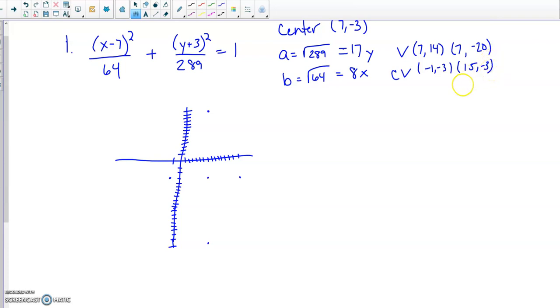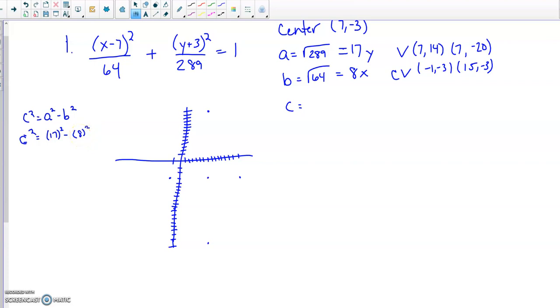Okay, it's also going to ask us for our foci. So now what we're going to have to do is calculate our C value. Because there's a plus here, this is going to be C squared equals A squared minus B squared. So 17 squared minus 8 squared.